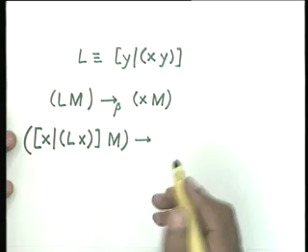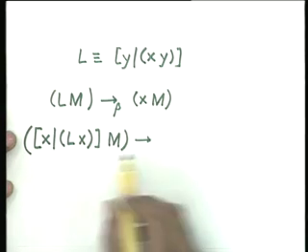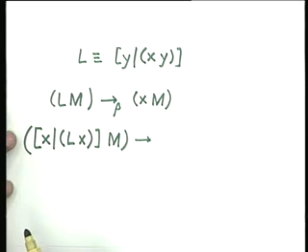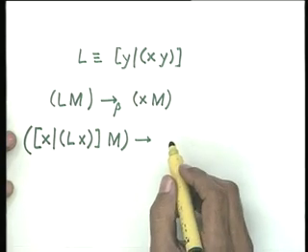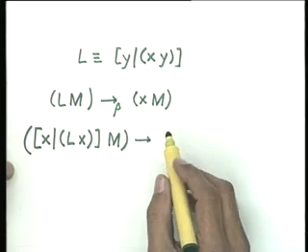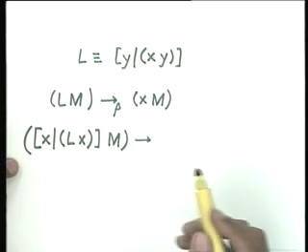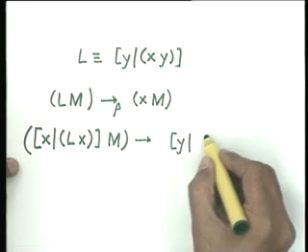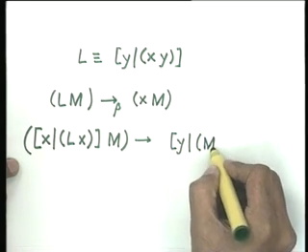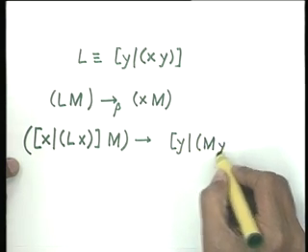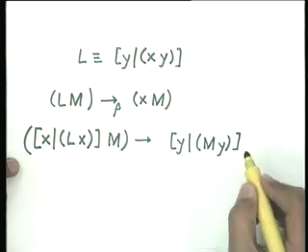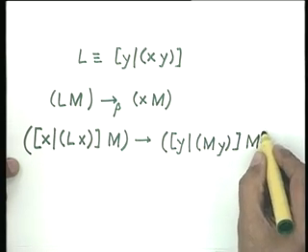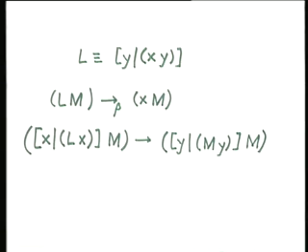well, all free occurrences of x in this term are going to be replaced by M. So, what is going to happen is that x is going to be replaced throughout. So, you will get lambda y M y, the whole thing applied to M again, okay.